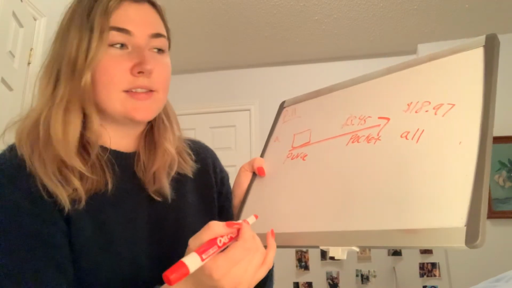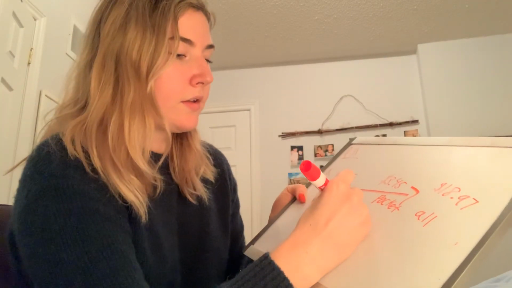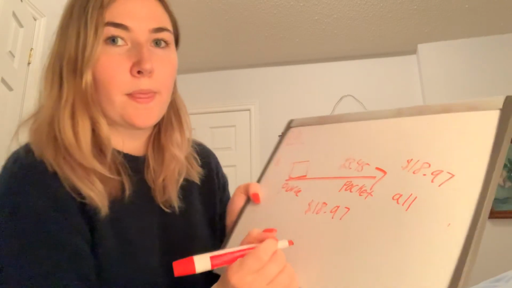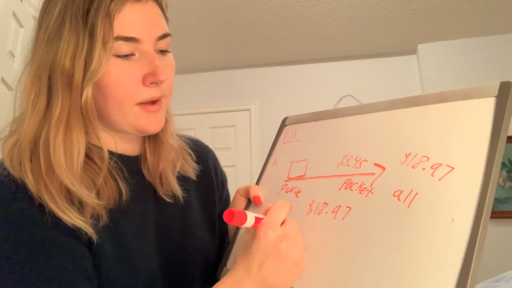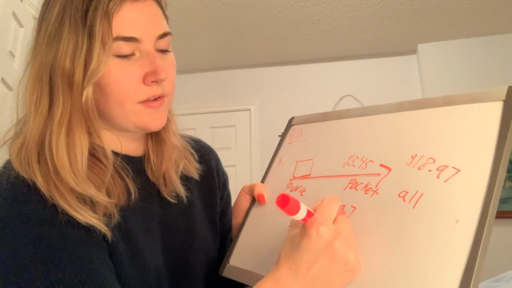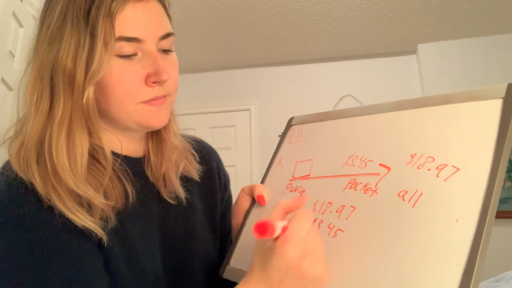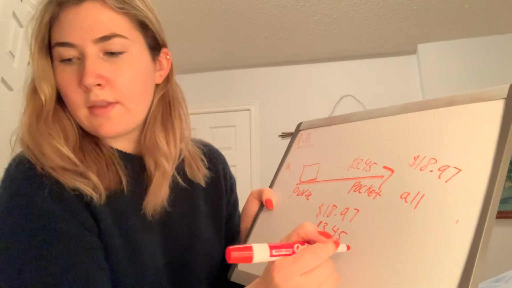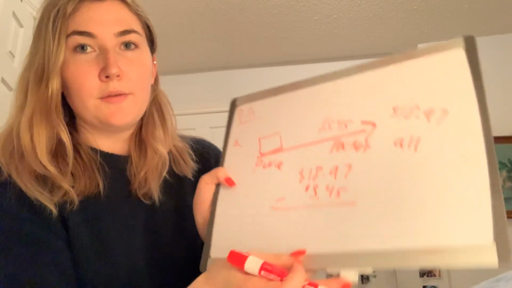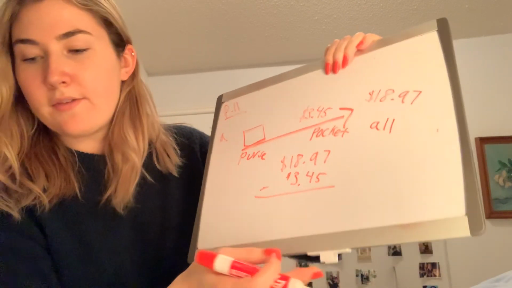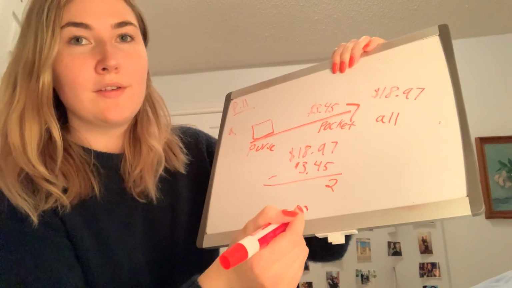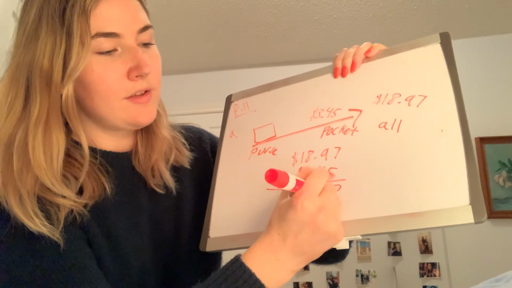So remember to line this up with all your decimals properly. So we have 18.97 minus $3.45. All right, so we have 7 minus 5 equals 2. We have 9 minus 4 equals 5.